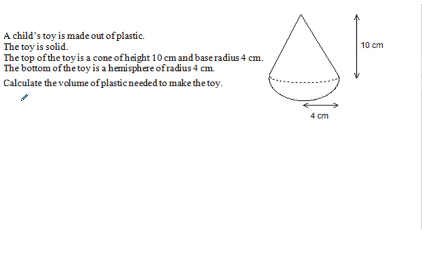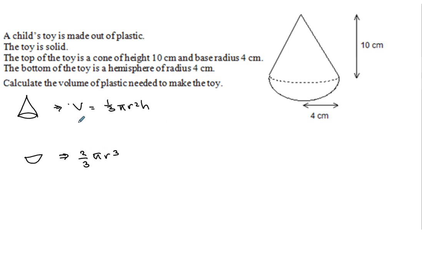So again, here you've got the cone and you've got the hemisphere. So the volume of the cone is 1/3 pi r squared h, and the volume of the hemisphere is 2/3 pi r cubed.